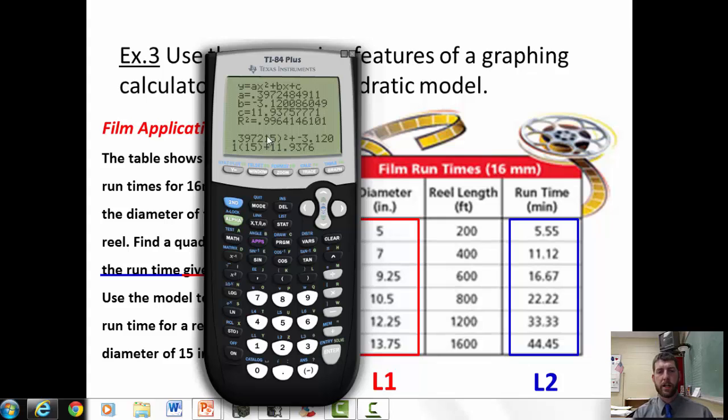So instead of getting 0.3972x squared plus negative 3.1201x plus 11.9376, we're getting 0.3972 times 15 squared plus negative 3.1201 times 15 plus 11.9376.